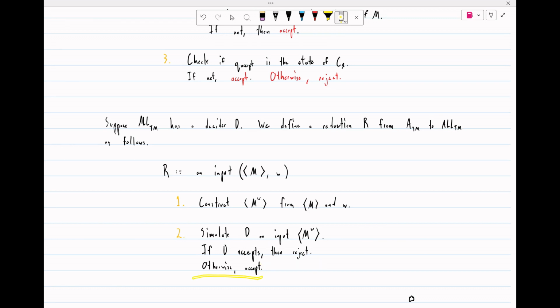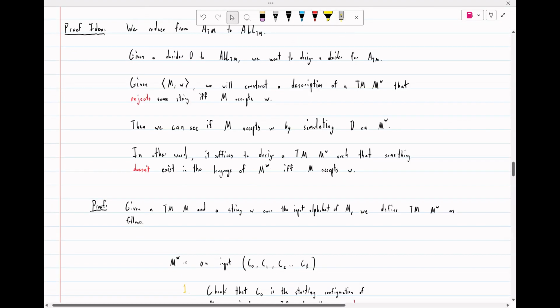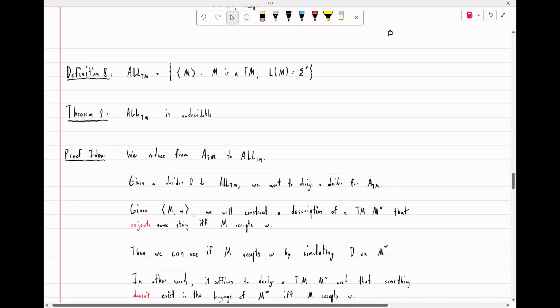Otherwise we accept, same as before. So this is a proof that shows that this language, all TM, the language recognized here, everything, is undecidable.